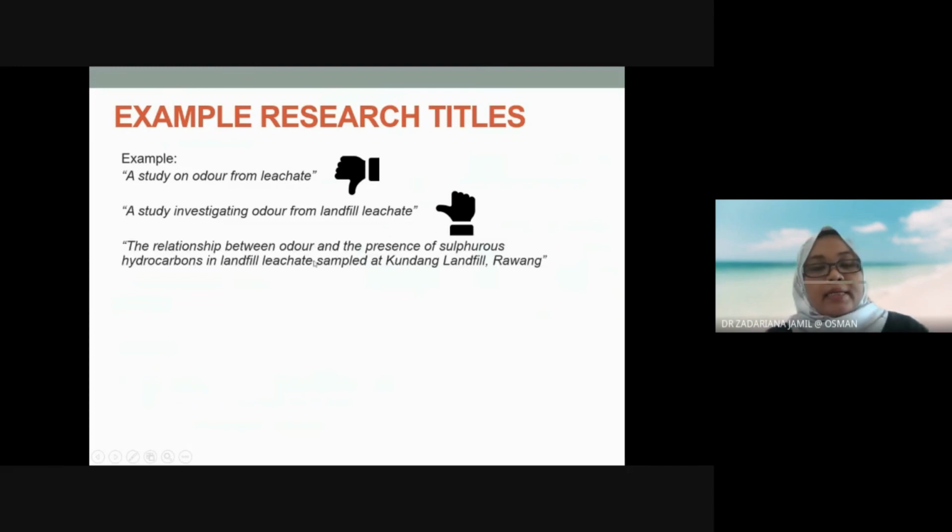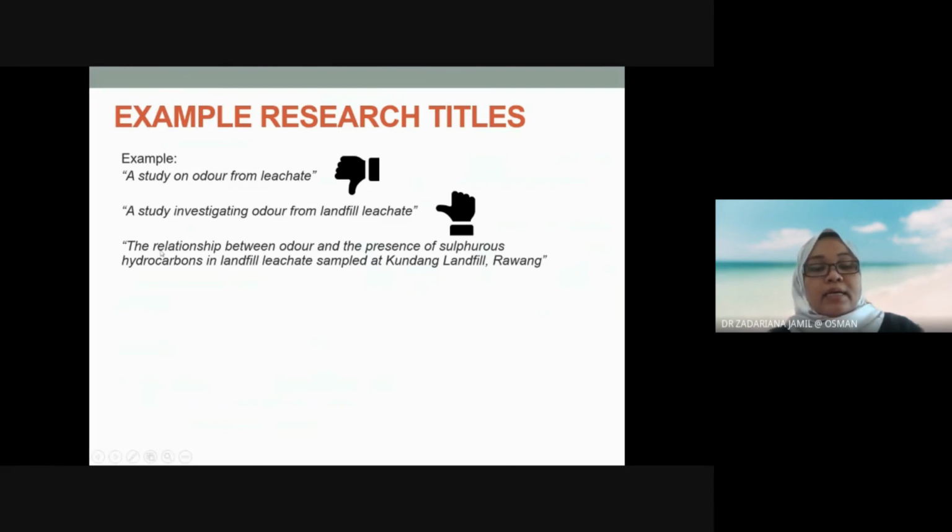And then the third one: the relationship between odor and the presence of sulfurous hydrocarbons in landfill leachate sample at Undang Landfill, Rawang. If you look at this title, it has the elements that a good title should have.